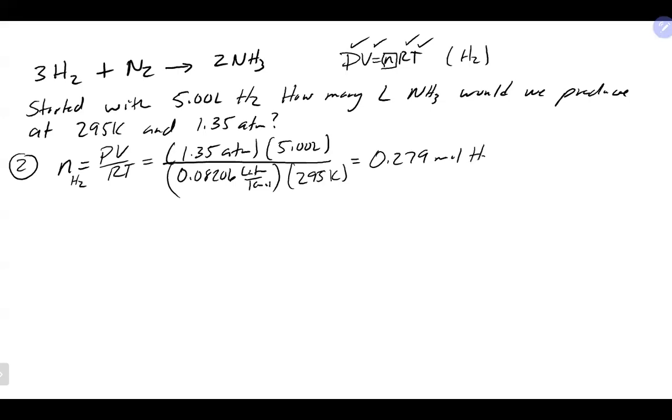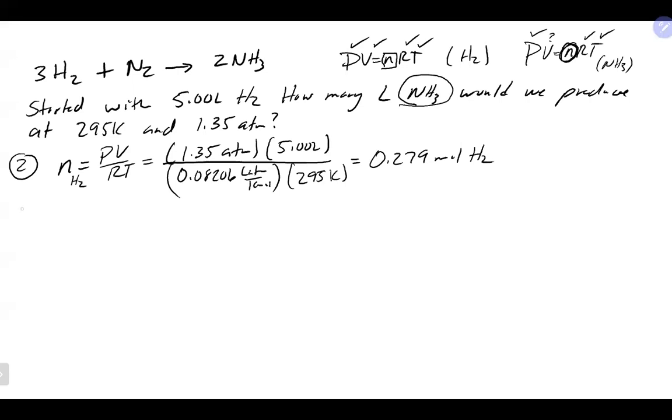of hydrogen. In this case, we are looking for NH3. So if we think about the ideal gas law here for NH3, we have the same pressure, we're assuming, the same temperature, and R, and we are looking for the volume, which once again means we are going to use stoichiometry to figure out the moles of NH3, which is what we're missing.